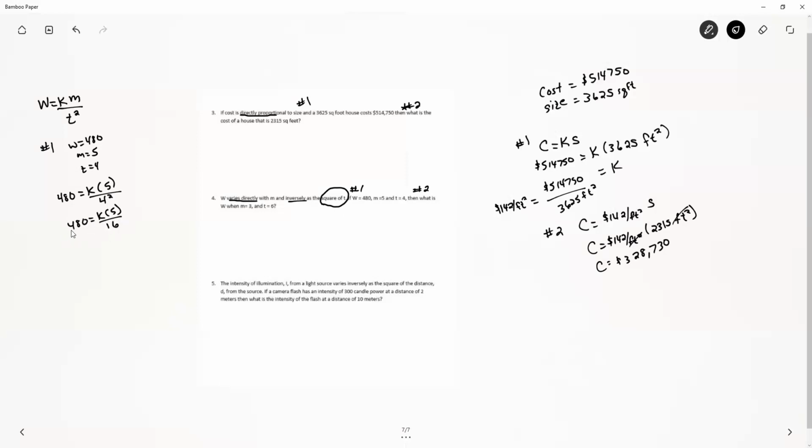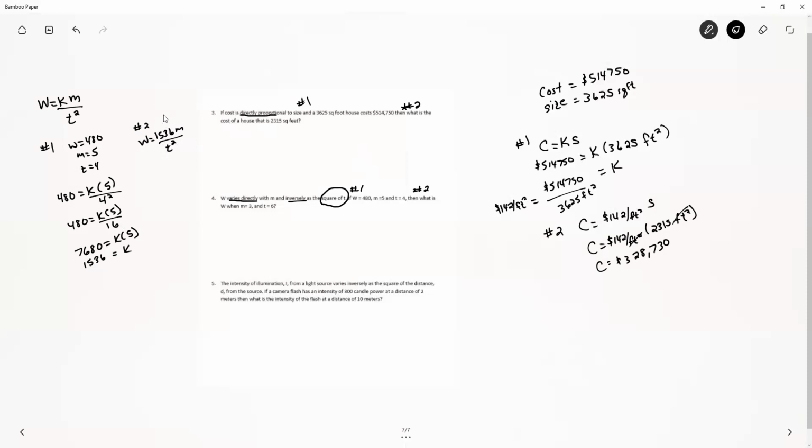Solving for K, I want to multiply both sides by 16, and then I'll be dividing by 5. So if I multiply both sides by 16, I end up with 7680 is equal to K times 5. Solving for K, I end up with 1,536. So for part 2, my new formula is W is equal to 1,536 M over T squared.